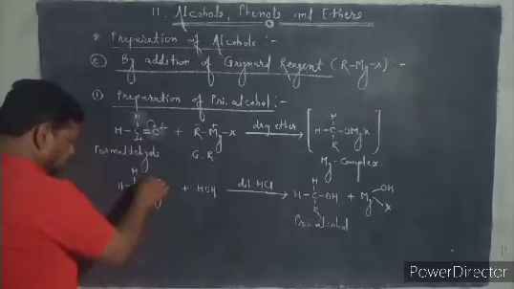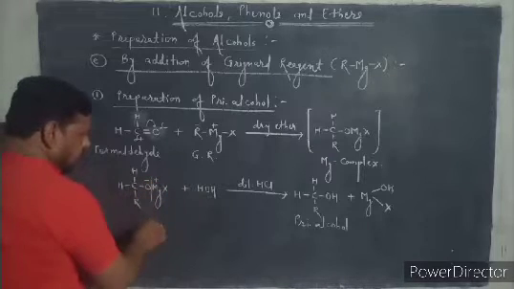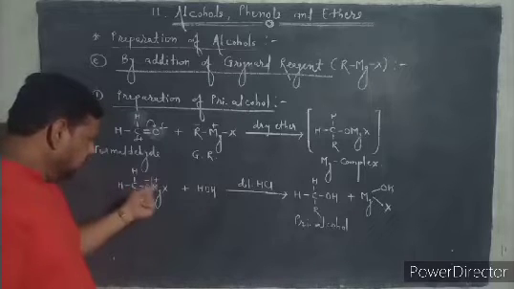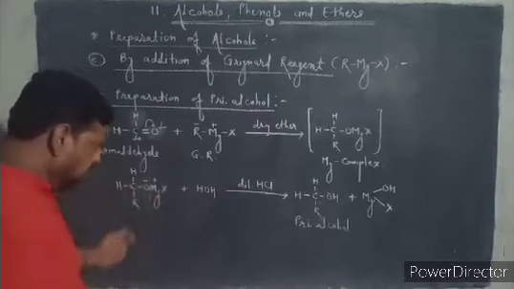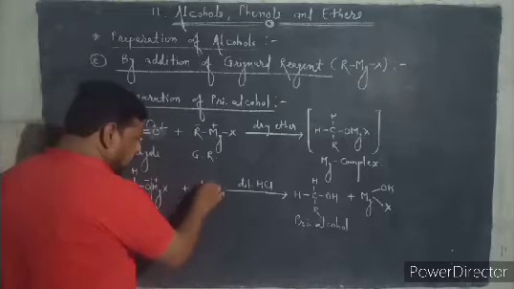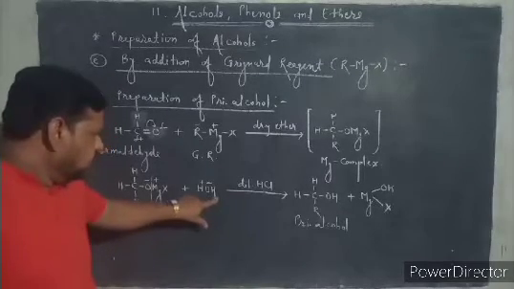From this, it dissociates and it gives the negative ion, and MgX is the positive ion, in which H positive and OH negative are obtained by dissolution.